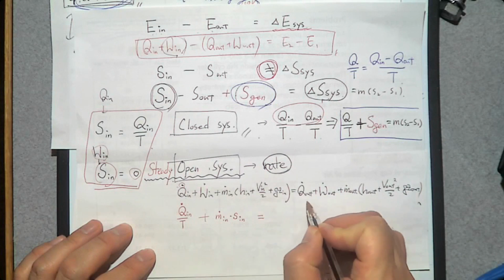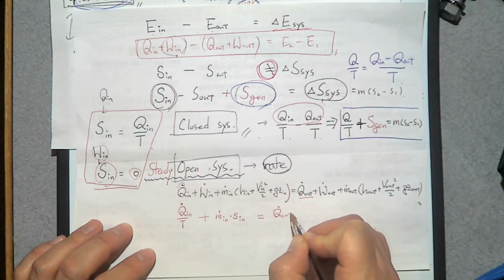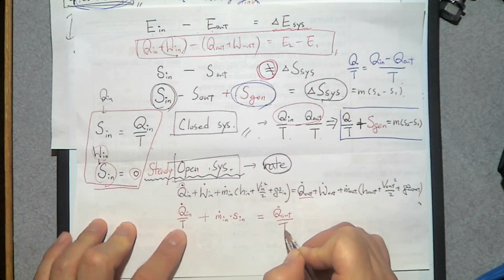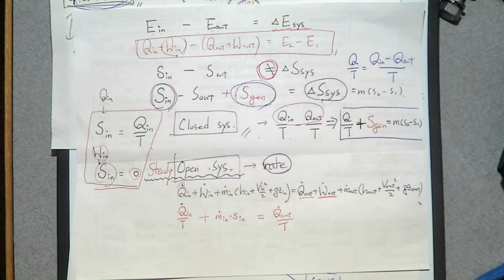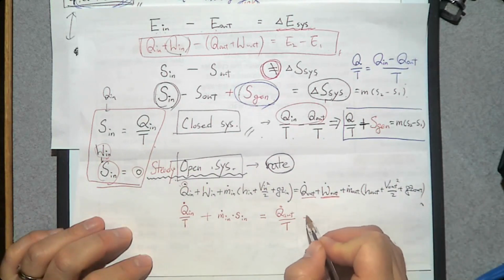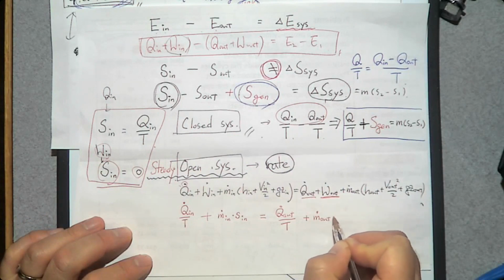It's going to be the same as Q dot out. Q dot out per temperature due to this one. And there's no entropy transfer due to work. And we only have entropy transfer by mass at the exit.